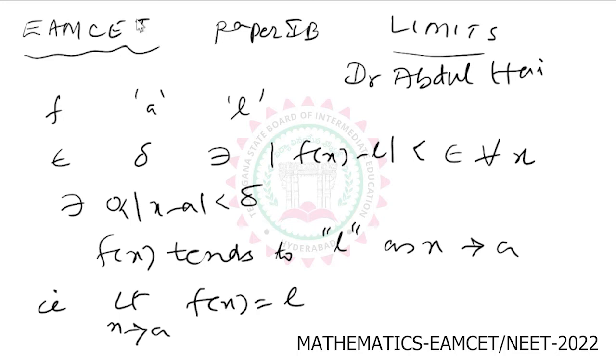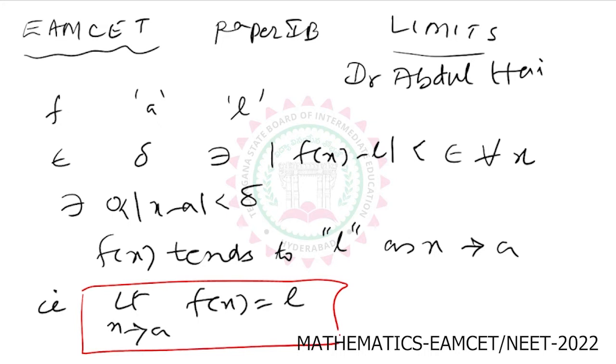No one will ask for the definition in the examination, but you must have the concept. So before doing the problems, what is the definition of a limit? Once again I will repeat. Suppose f is a function defined over a deleted neighborhood of a real number a and L is some real number.